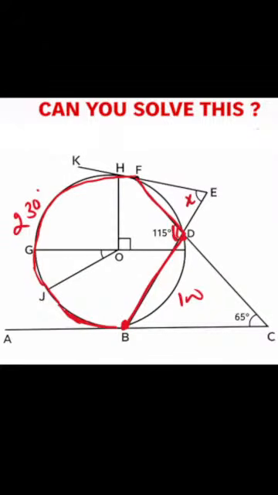Is it clear how we got 230? Angle subtended by the arc, look, this is going to be 230 now, so this arc is also going to be 230.